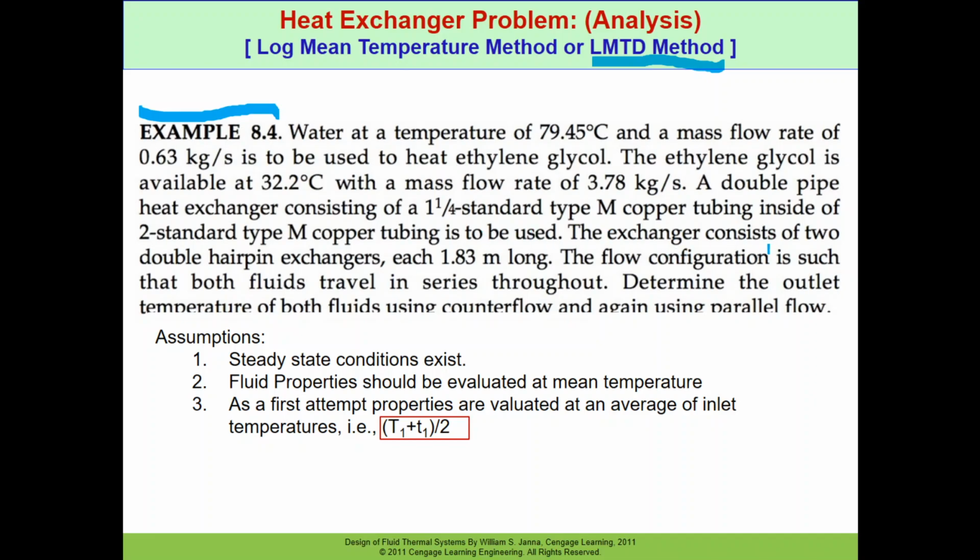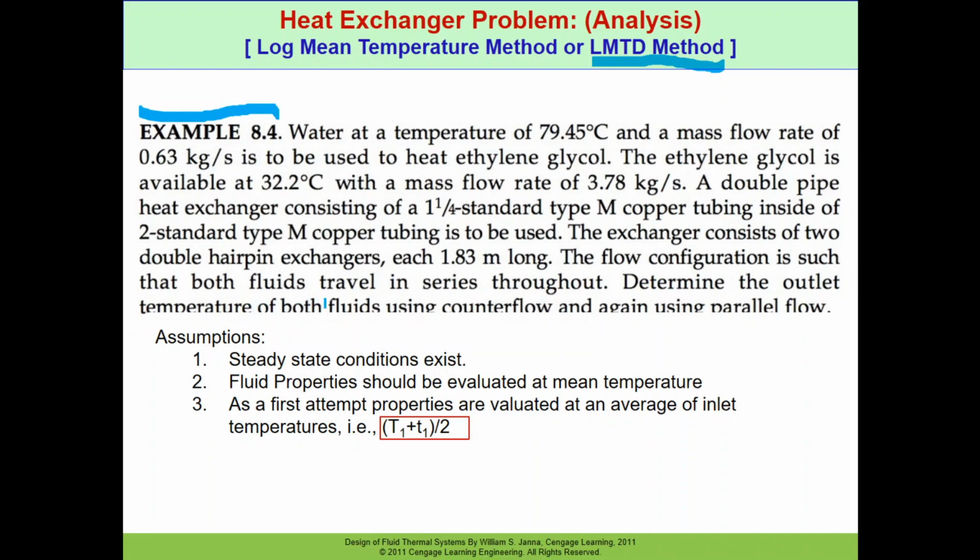The exchanger consists of two double hairpin exchangers, each of length 8.83 meter. The flow configuration is such that both fluids travel in series throughout. In series means that the two double hairpin heat exchangers are connected in series.